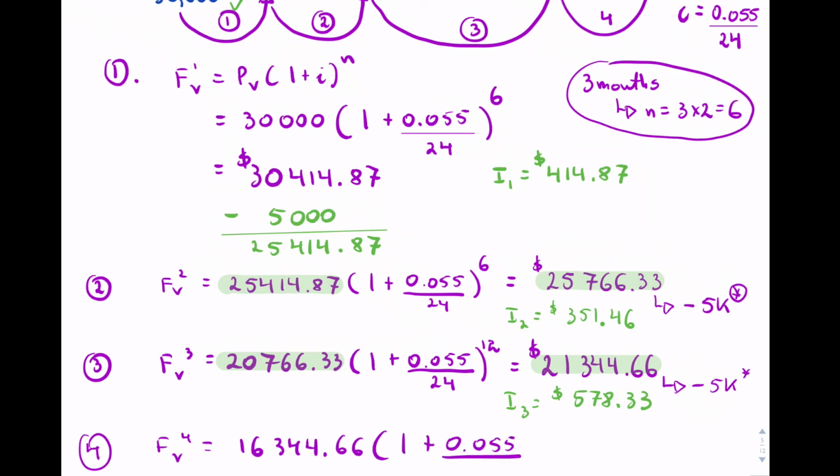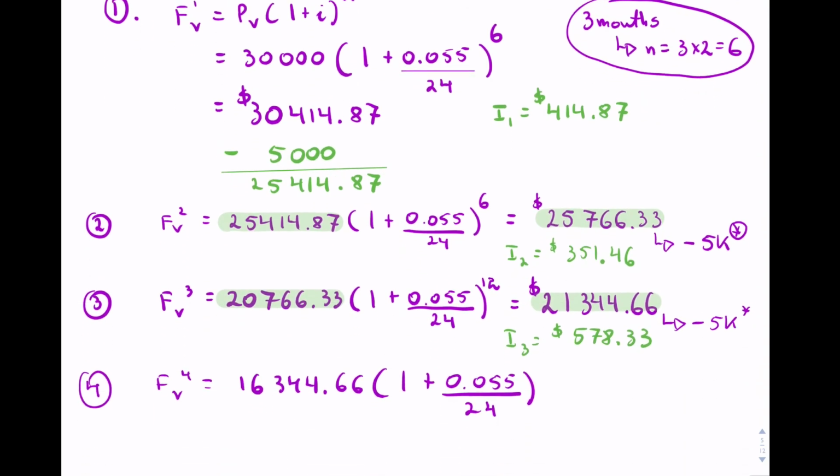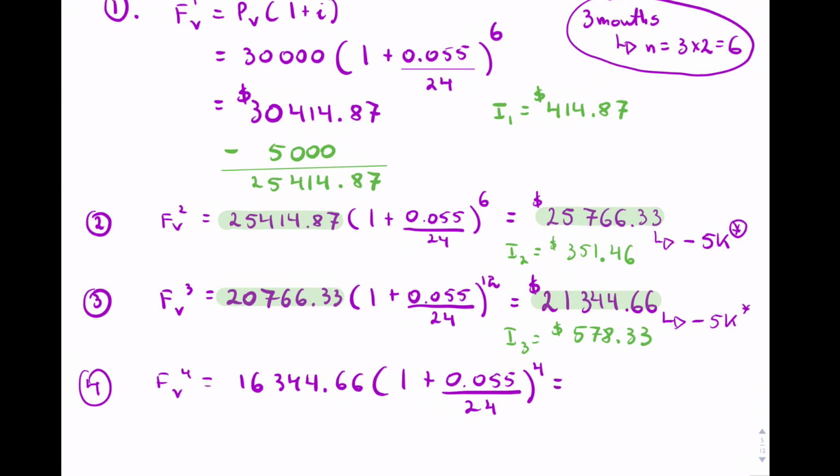So let's do that. Now we're going from January to March only, so that's 2 months. Now 2 months, semi-monthly, so that will be 4. So this one we can finally calculate how much we have remaining.